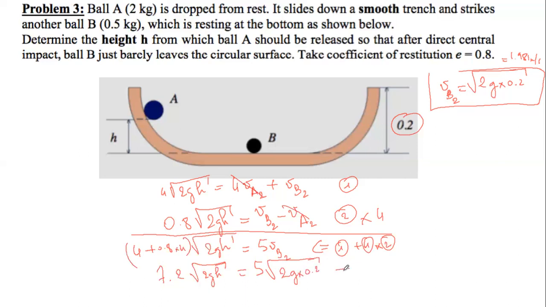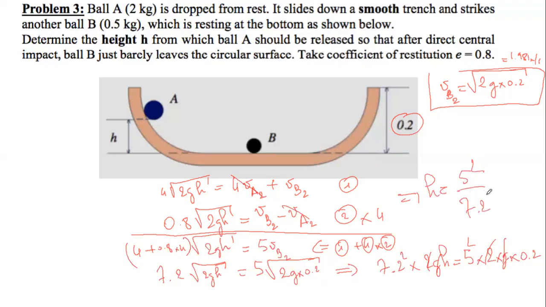Let me take the squares. 7.2 squared times 2GH is equal to 5 squared times 2G times 0.2. Let's simplify by 2G, and you will have that H will be 5 squared divided by 7.2 squared times 0.2.